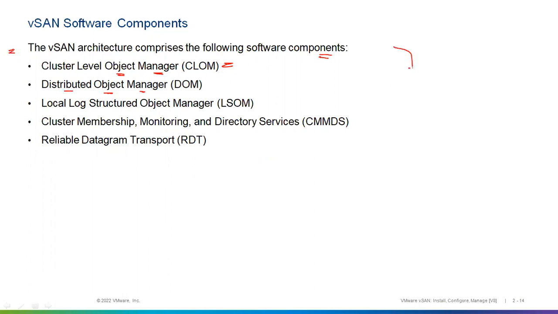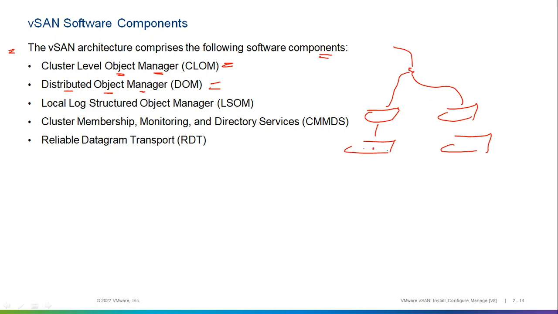For example, if data is coming in, how it is written to the underlying host and datastore. That is my distributed object manager, how my data will be distributed as per the storage policy to the underlying ESX side. Local log structured object manager is just to keep the logs.